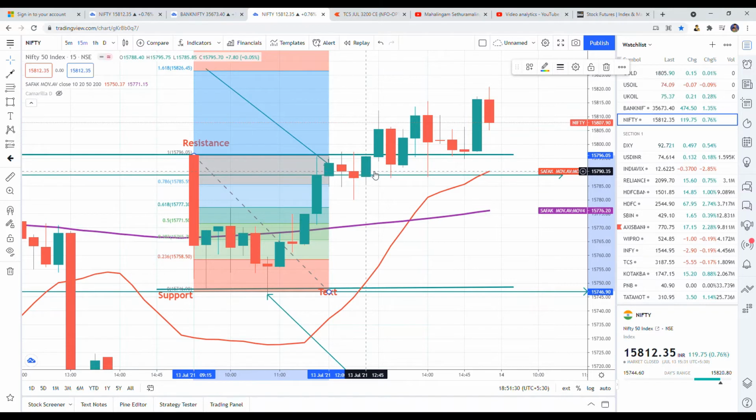If the next candle is above the indecisive candle high, you can go for long. If the next candle is below the previous indecisive candle low, then you can go for short. So always you have to know this candlestick pattern. You have to understand what a candlestick tells you.